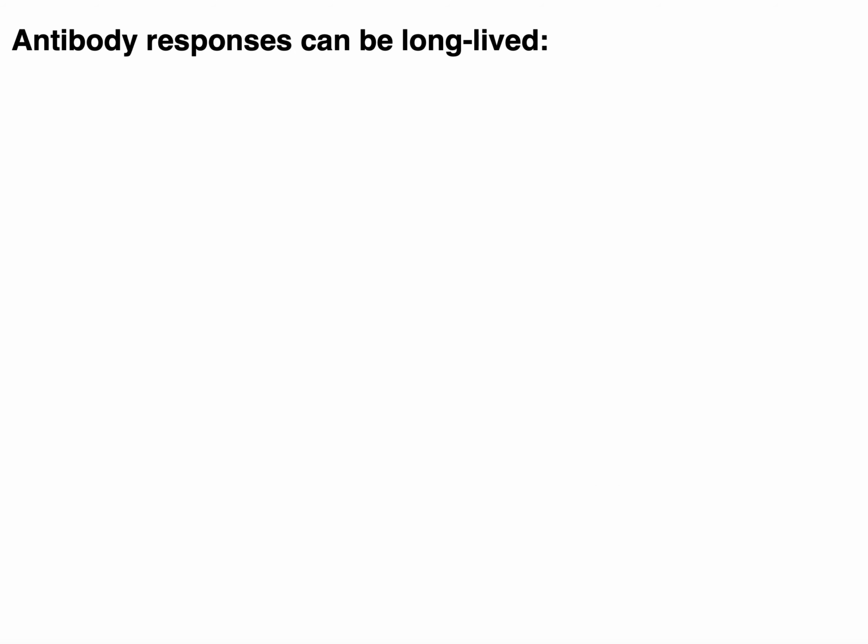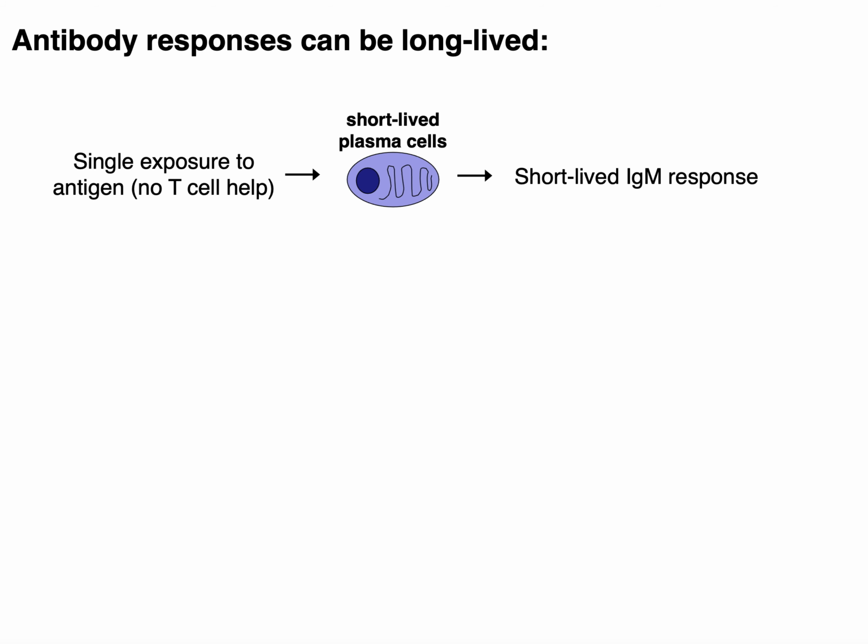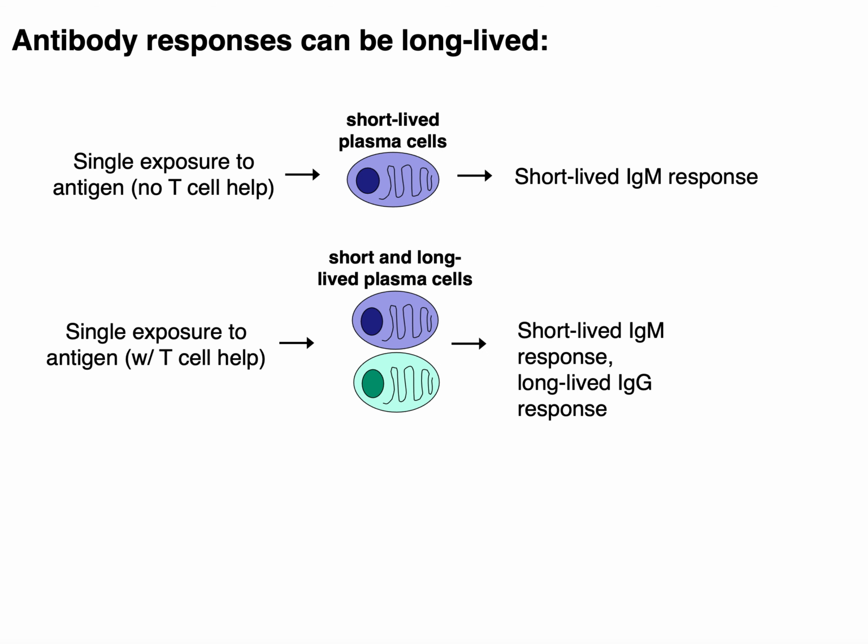Lastly, I want to end with the concept that antibody responses can be long-lived. A single exposure to antigen with no T cell help can lead to the formation of short-lived plasma cells and a short-lived IgM response. But a single exposure to antigen with T cell help can lead to short and long-lived plasma cells and a long-lived IgG response.